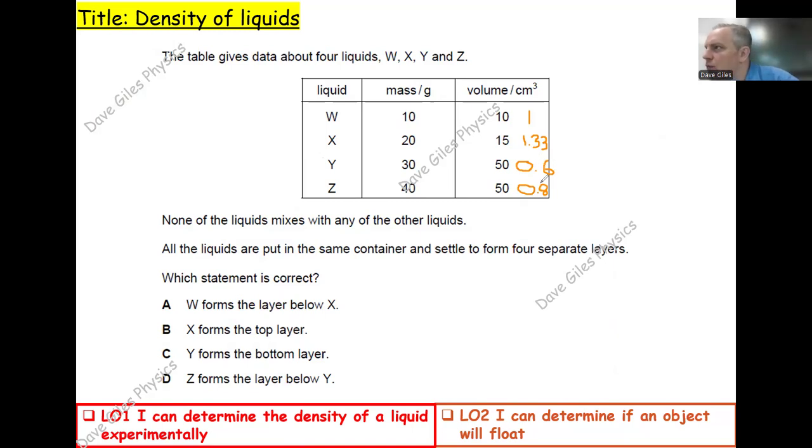No, Y will form the top layer because it is the least dense. Z forms the layer below Y. So you've got Z to be below Y. That is correct because after Y, Z is the next least dense.